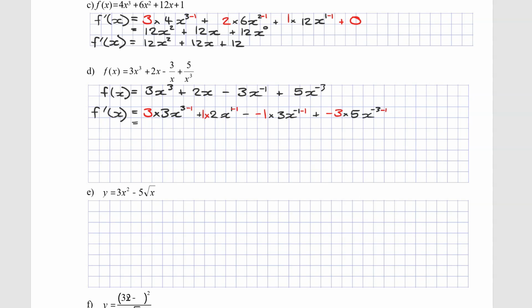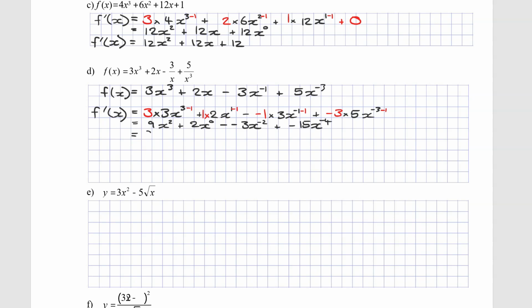Evaluating this expression on the right, we've got 9x squared plus 2x to the 0, and then minus negative, so this is going to be minus negative 3x to the negative 2, plus minus 15x to the negative 4.